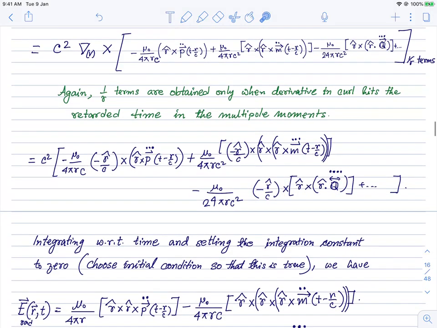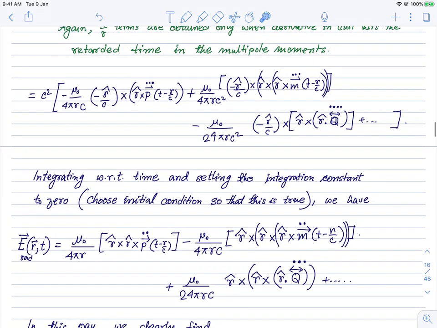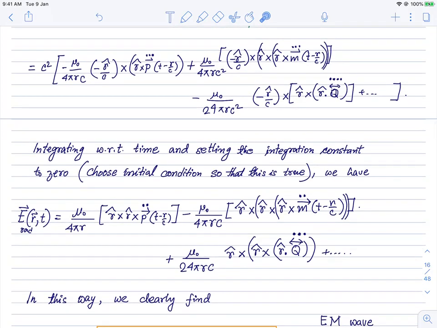That's very simple to do. As far as taking the time integral is concerned, you can just take this and integrate with time, and you set initial conditions so that the constants are all 0. If you integrate with time, you will reduce one of these dots, because these are the only quantities that have the time dependence here.